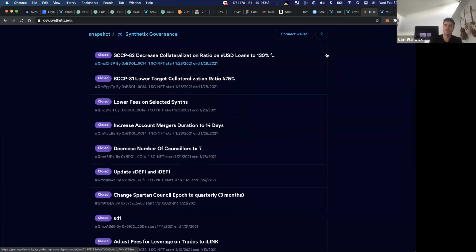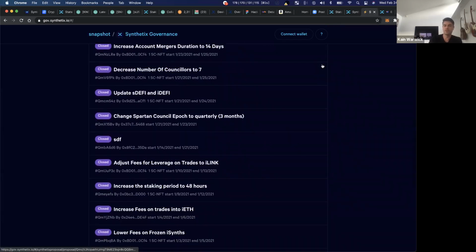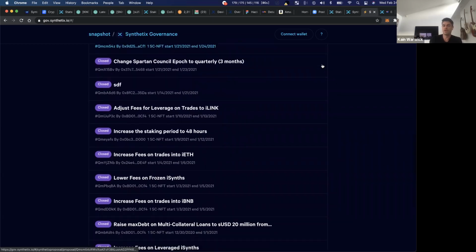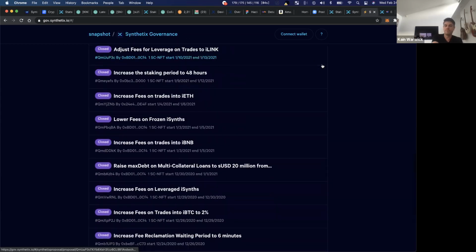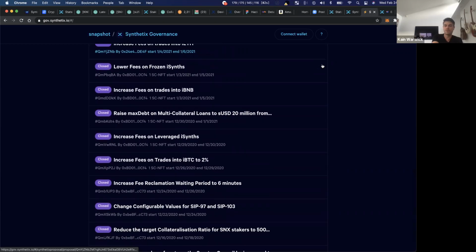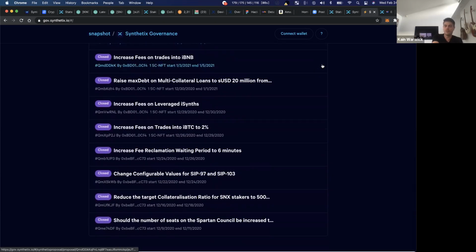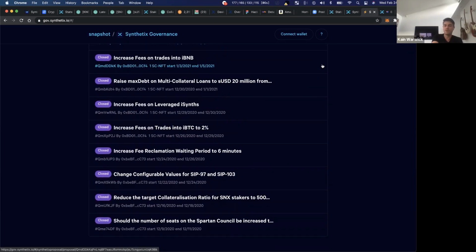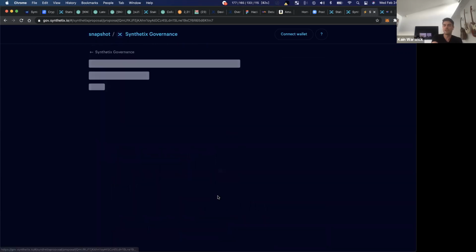Once an SIP has been proposed and accepted, there's another DAO called the Protocol DAO, made up of core contributors. I think at the moment there's 9, and those Protocol DAO members will actually implement the change on chain.